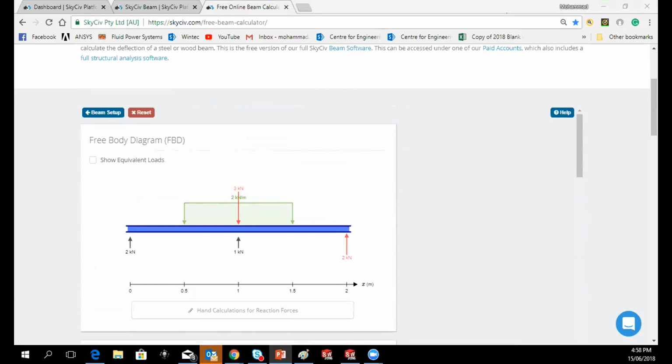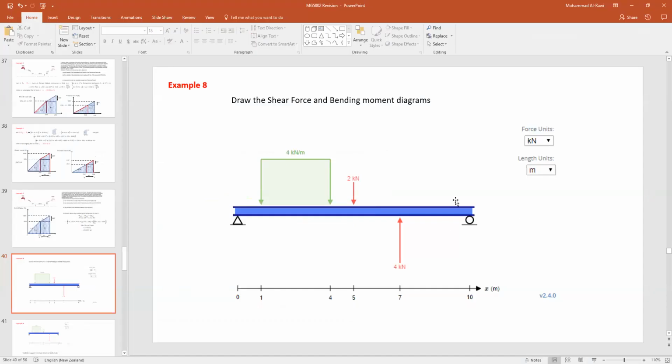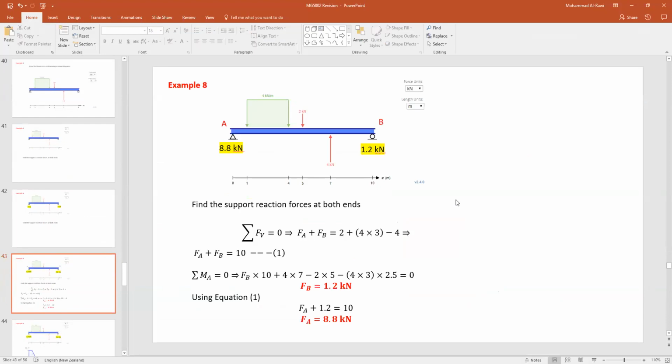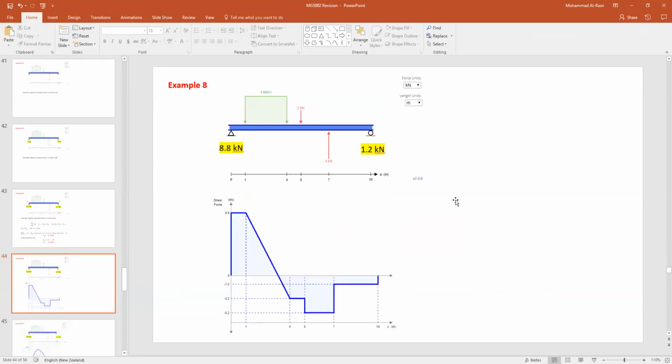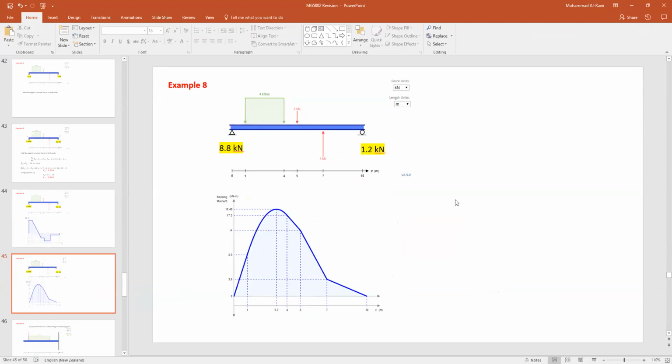If I go to the PowerPoint, because I think the session is finishing very soon, I just want to sum it up. Coming back to this, it's another example. It shows you step by step how to calculate support reactions, then draw free body diagrams, draw the shear force and bending moment diagrams, and where to find the maximum.